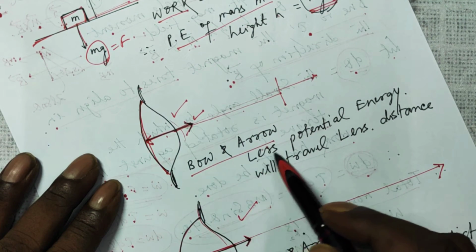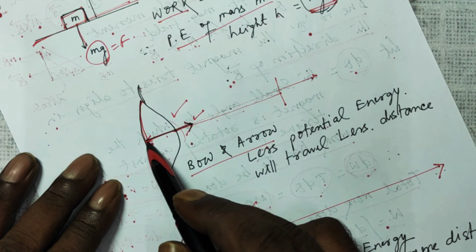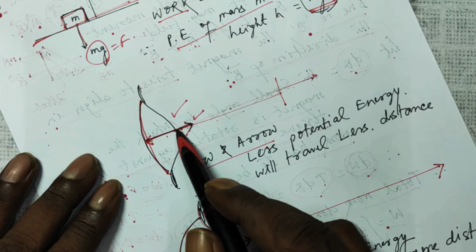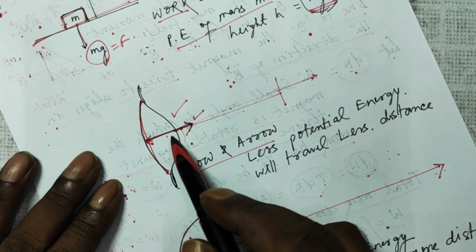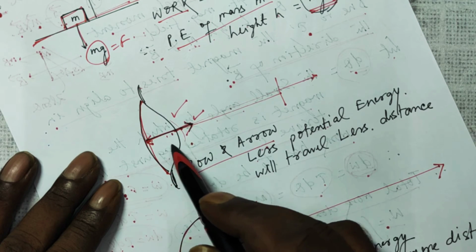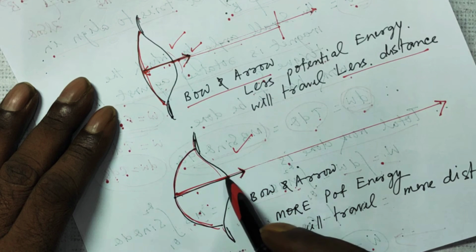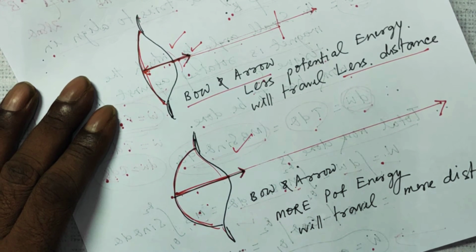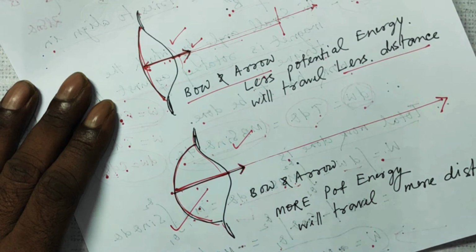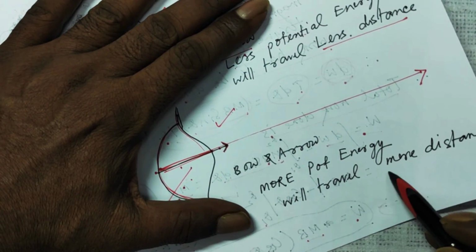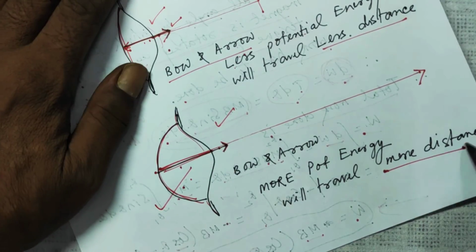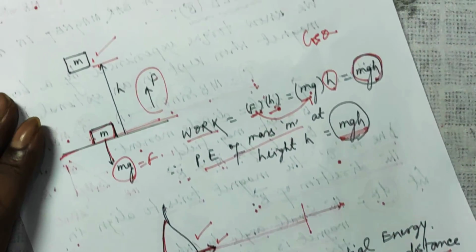Because its potential energy is less, it will travel less distance. Here, by stretching the string to a further distance, the potential energy stored in the system is more. So if you release the arrow, it will travel more distance as compared to this situation.